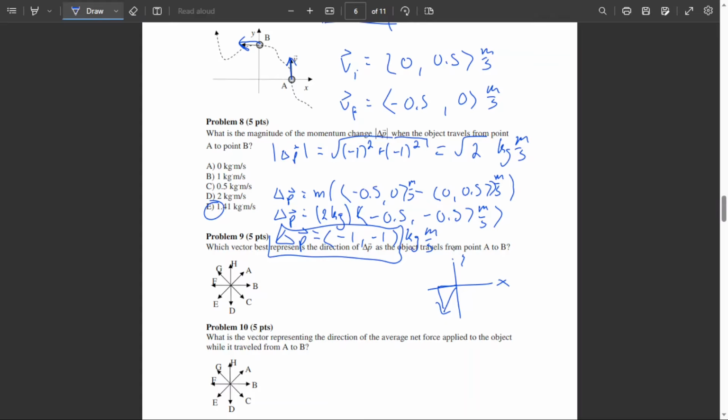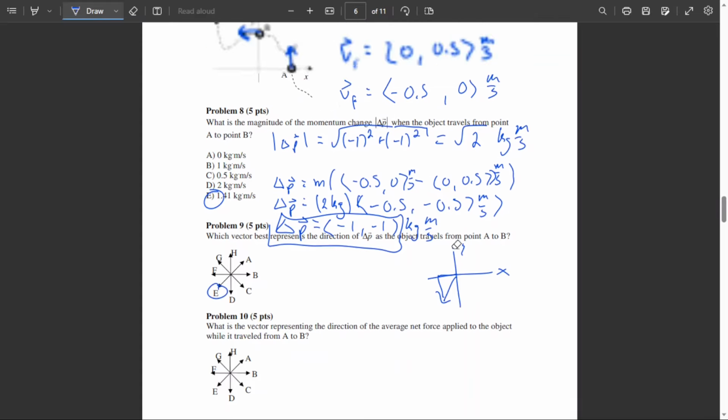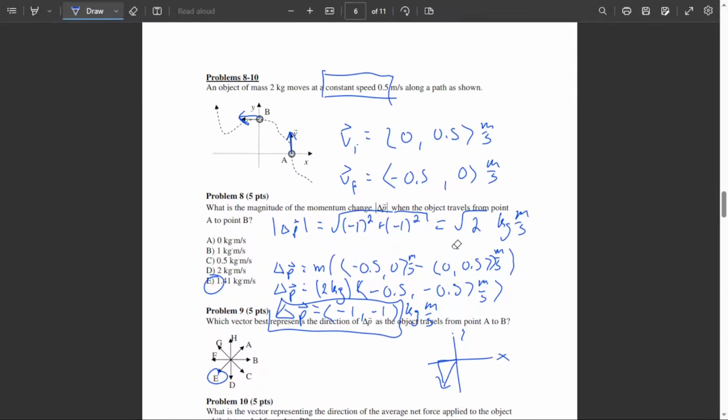So down and to the left, which would be E. If you think about that practically, in our diagram, we have velocity first pointing up, then it points left. So, therefore, the change in velocity, and therefore the change in momentum, is going to point down and to the left, just like we calculated.